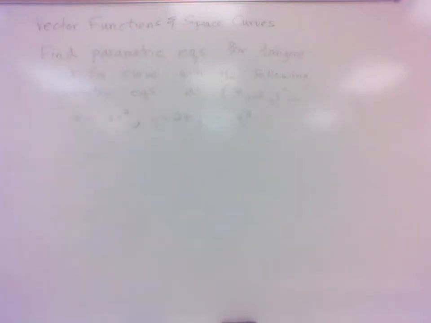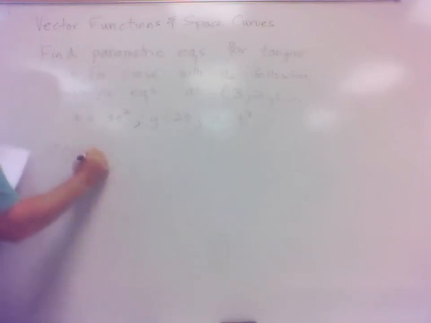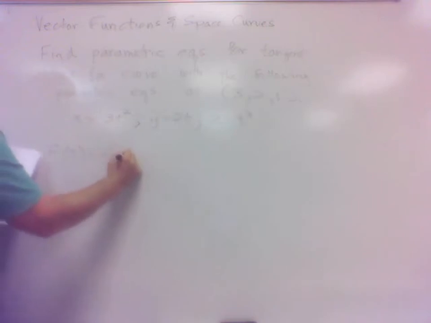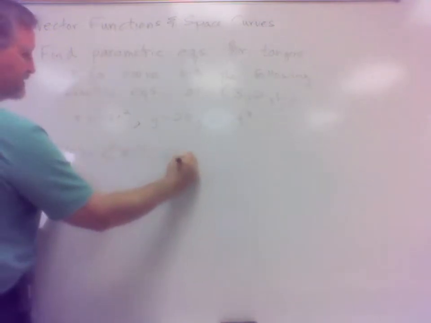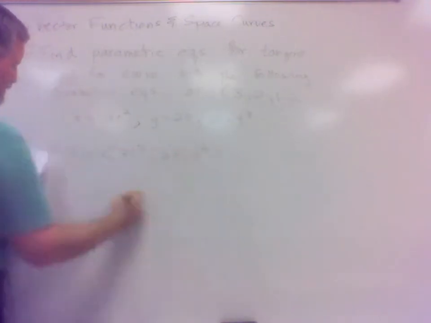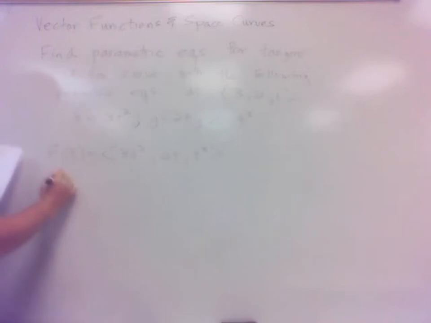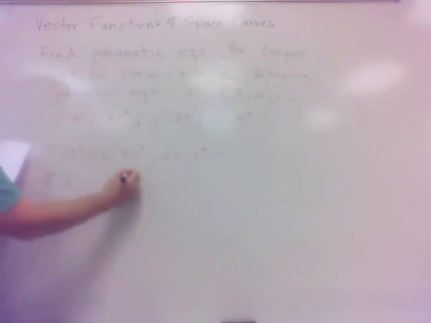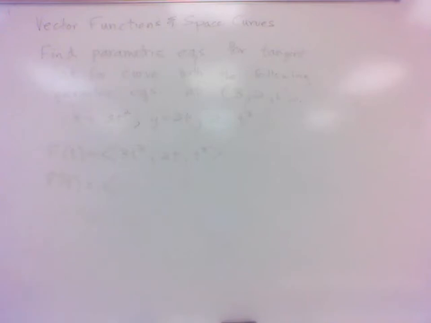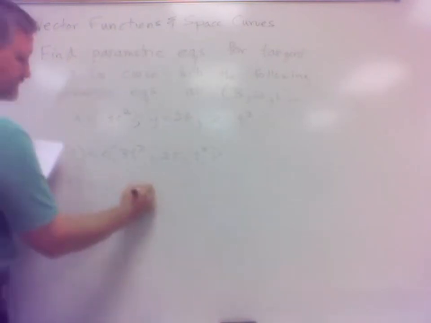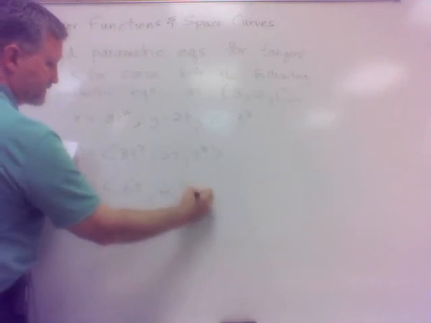All right. Well, so yeah, that means our r(t) is just (3t squared, 2t, t cubed). And so the derivative would be (6t, 2, 3t squared).